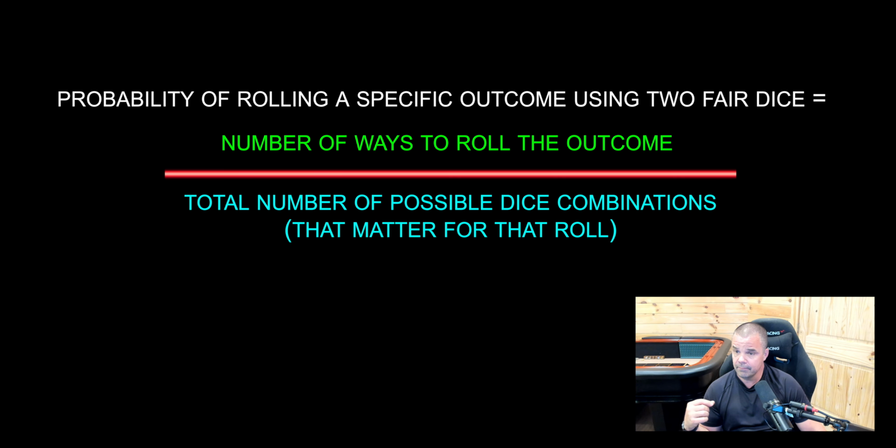You could add them up together, and you get a different number. But they all come back to the same foundational equation that we did in the beginning. It's the number of combinations that make you win divided by the total combinations of the dice that resolve your bet. And that's it. It has to be the ones that resolve the bet. Anybody else, it doesn't really matter.